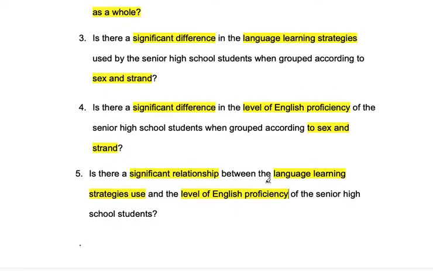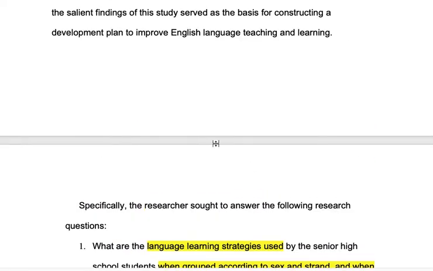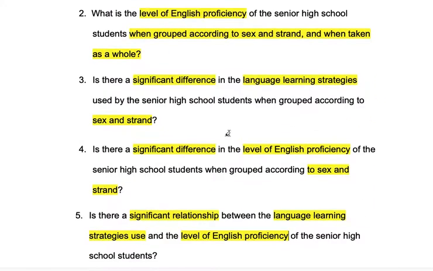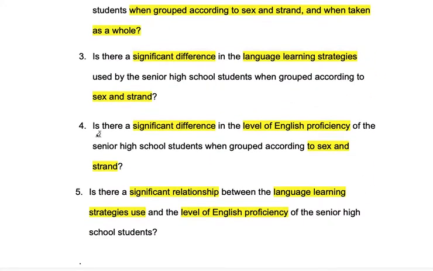So take note, class, that in research questions 3, 4, and 5, we have the inferential research questions, meaning there must be a hypothesis for each research question here. Okay? While research questions number 1 and 2 are descriptive research questions, which does not require us to accept or reject hypothesis later on, only for research questions number 3, 4, and 5.